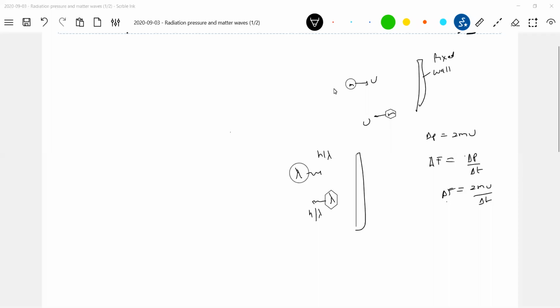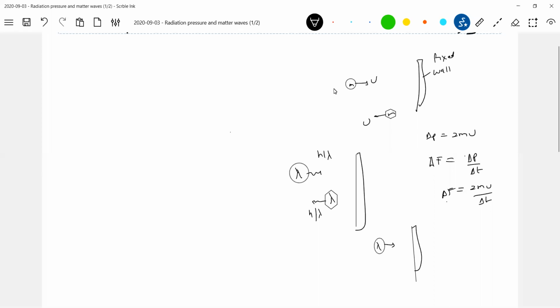Now take a perfect absorber, like a black body. If radiation is incident on a black body, the black body will absorb it completely. So the surface can absorb the photon completely. Similarly, the photon is incident on a surface and it is absorbed completely. Then also there will be a change in momentum.